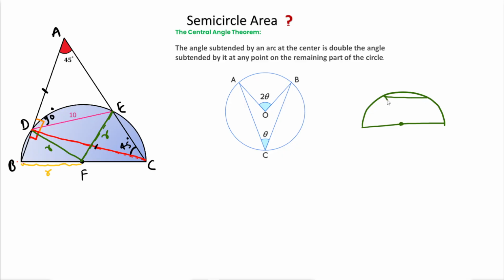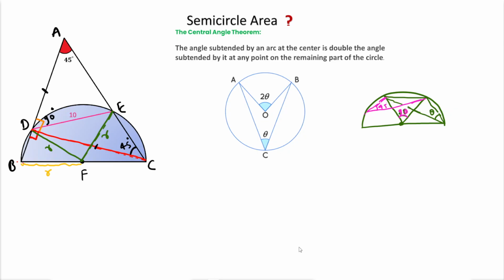The angle subtended by this part with this diameter or chord at the center is always twice, that is 2 theta, compared to the angle subtended on any part of the circumference, which is theta. Even the angle subtended here is 45 degrees, so at the center it will be 90 degrees.